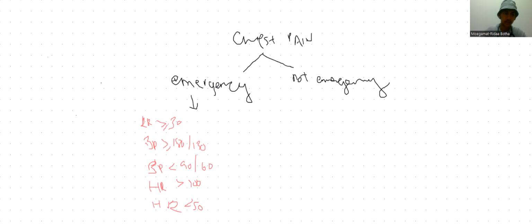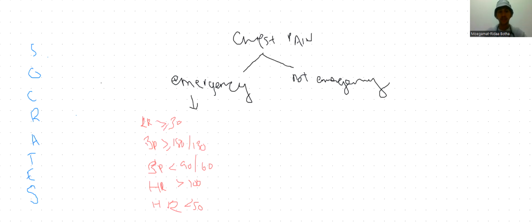S stands for site of the chest pain, O is for onset, C is character, R for radiation, A for alleviating factors, what takes the chest pain away, T is for timing, how long it lasts, and E is for any exacerbating factors which make the pain worse. So that's SOCRATES.